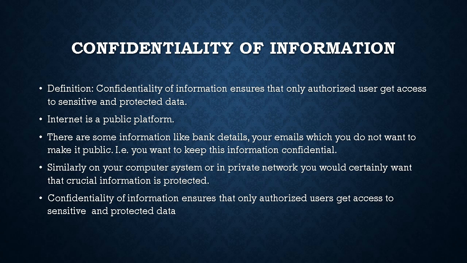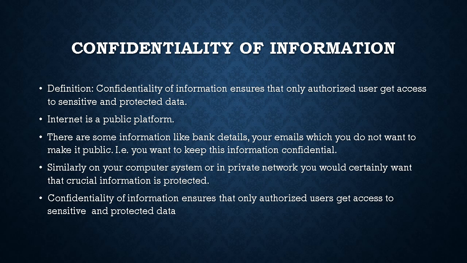Now the internet is a public platform. Many people use the internet nowadays. There is some information, like bank details and your emails, which you do not want to make public. That is, you want to keep this information confidential. Similarly, on your computer system or in a private network, you would certainly want crucial information to be protected. For example, your bank details: you want to keep them private.